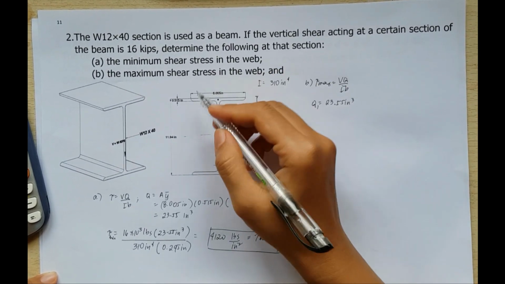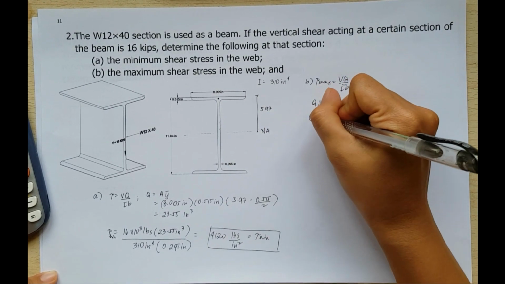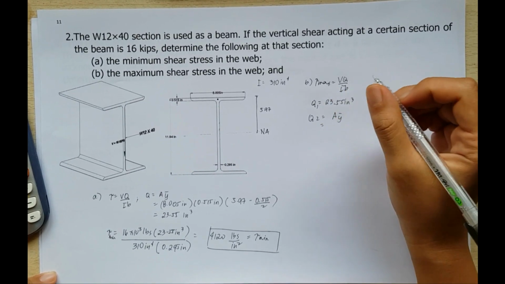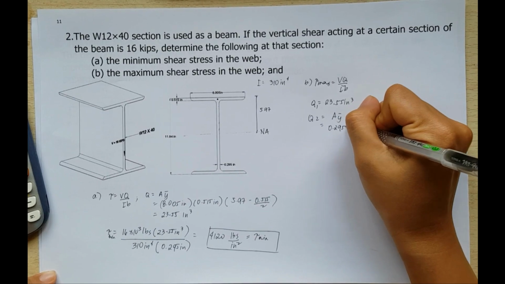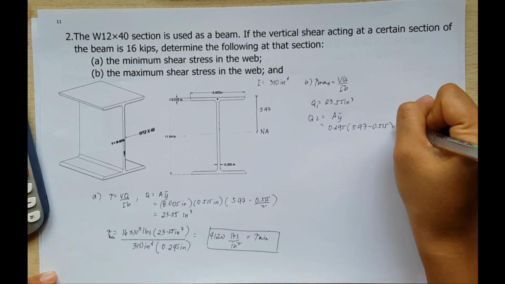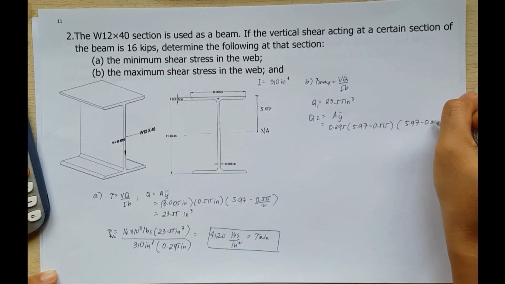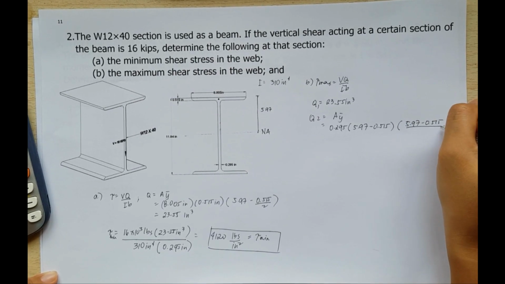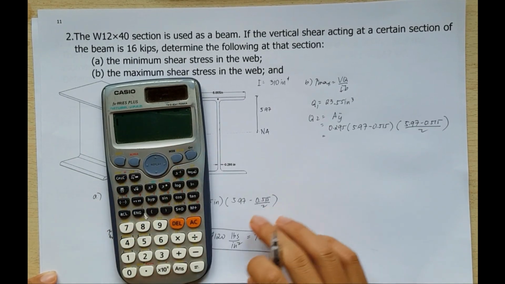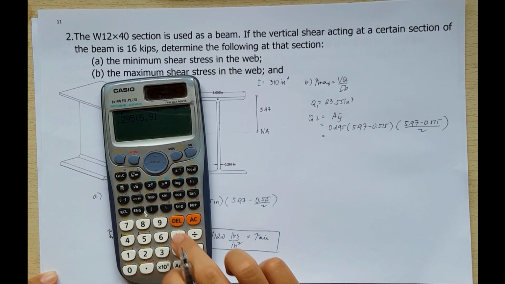So let's say Q1 for this one, and then Q2 is this one. So Q2 is area multiplied by Y bar. So the area is 0.295 multiplied by 5.97 minus 0.515, and then the Y bar is 5.97 minus 0.515 all over 2. So 0.295 multiplied by 5.97.